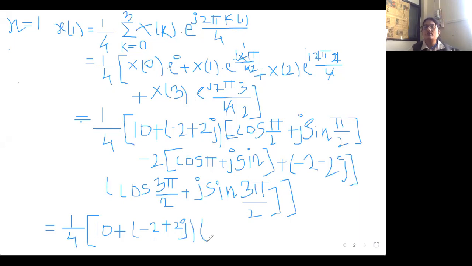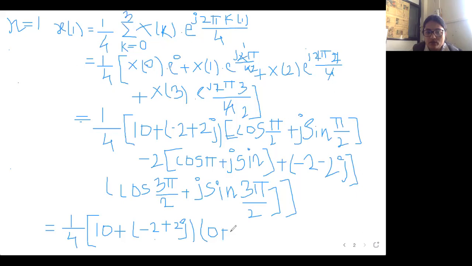What is the value of cos pi by 2? Cos pi by 2 is 0. So we'll substitute here, plus j sin pi by 2.